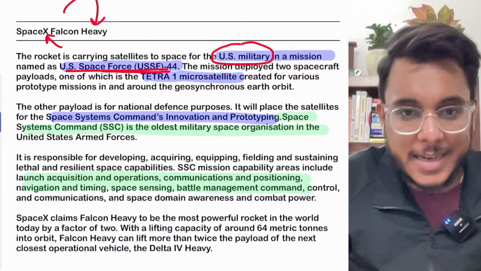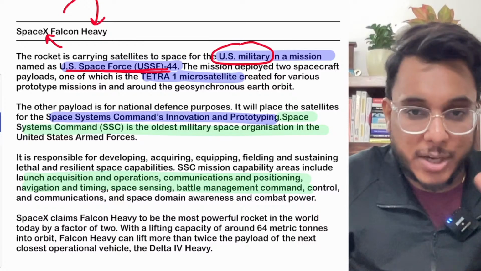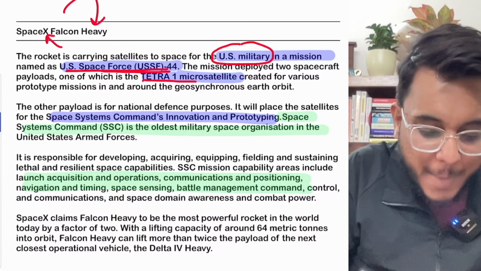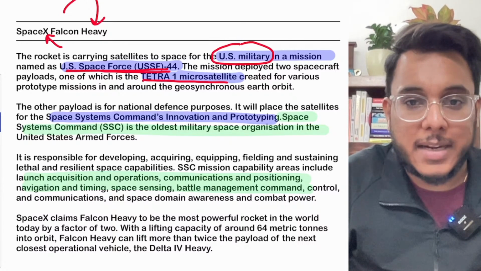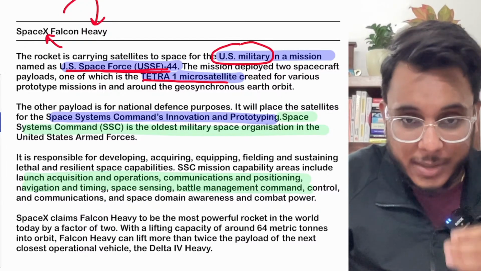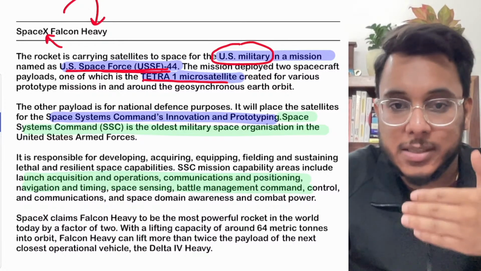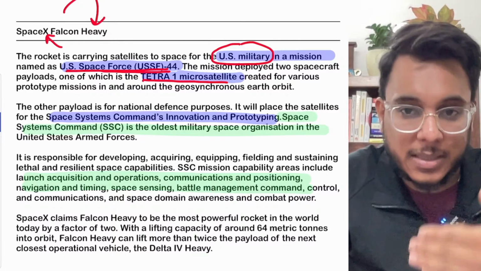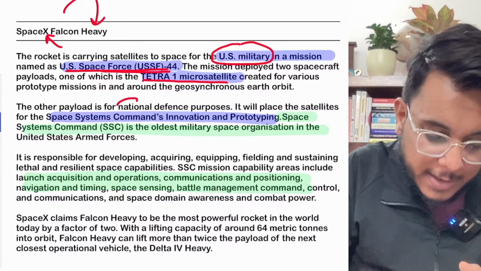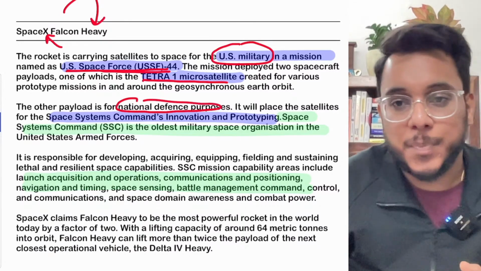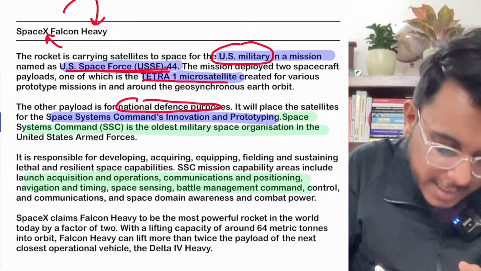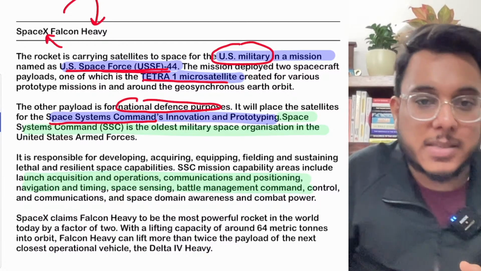Now guys, the payloads that have been launched include one Tetra microsatellite. This particular satellite, Tetra 1, will provide assistance to the USA's Space Force and military, and the other is also a satellite for national defense purposes. Now, actually, there is the Space System Command.